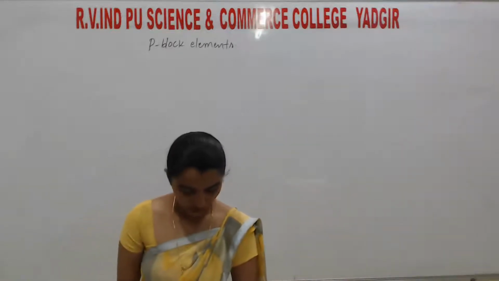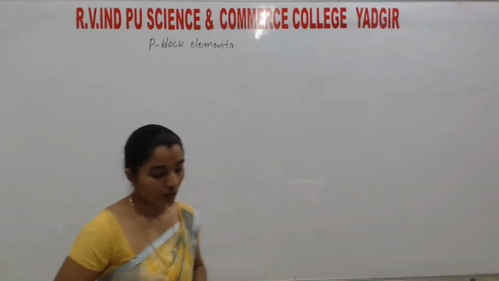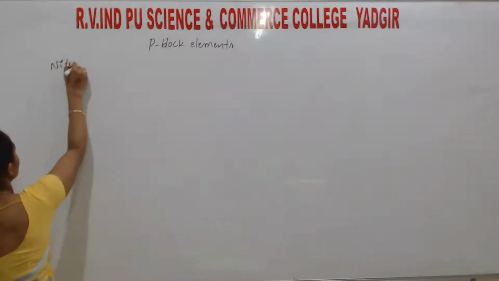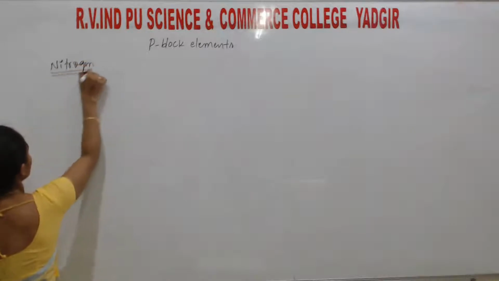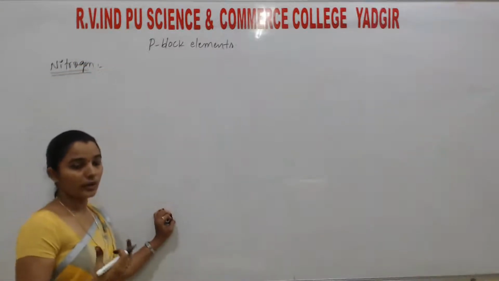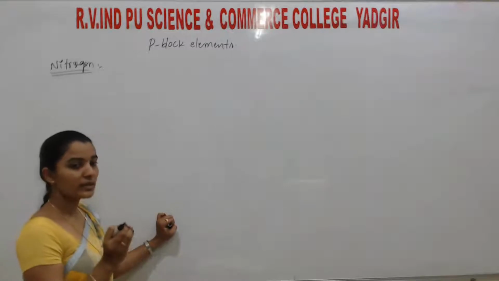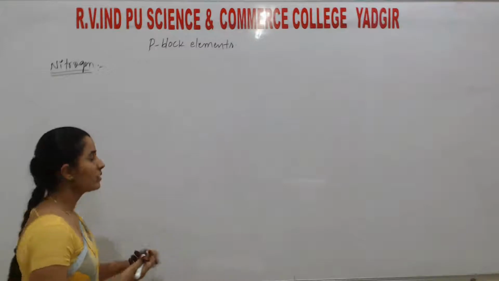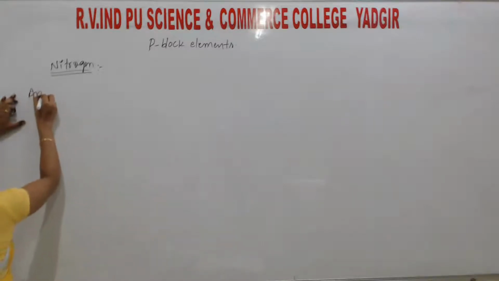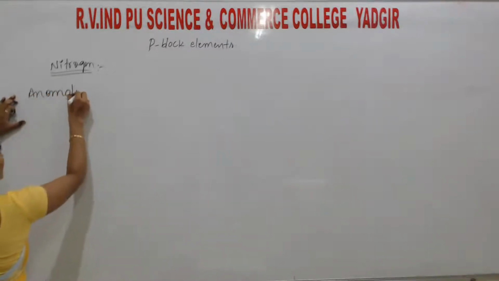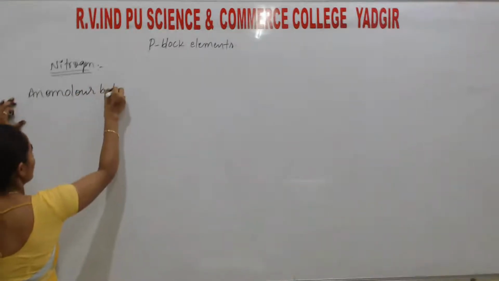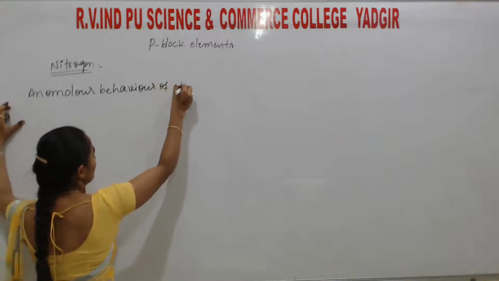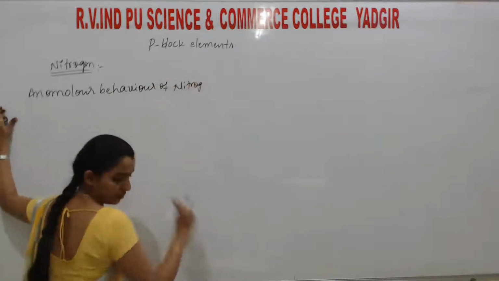Okay, so the next one is anomalous. The first element of the p-block group, that is the 15th group, is what? Nitrogen. So in all of them, what I am telling is the first element is always studied for anomalous behavior and anomalous property. So students, here I write: anomalous behavior of nitrogen.